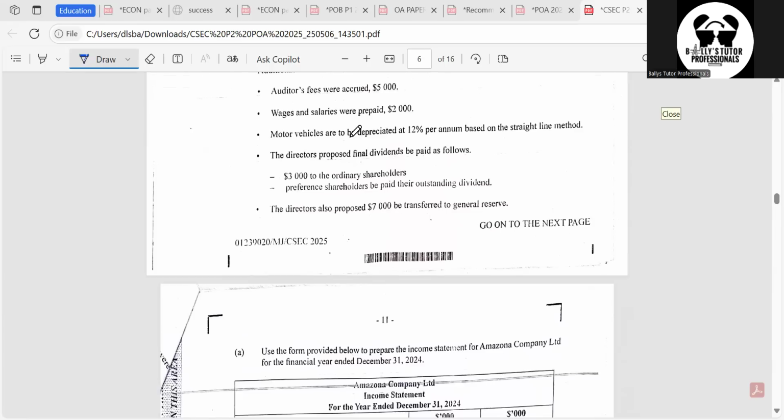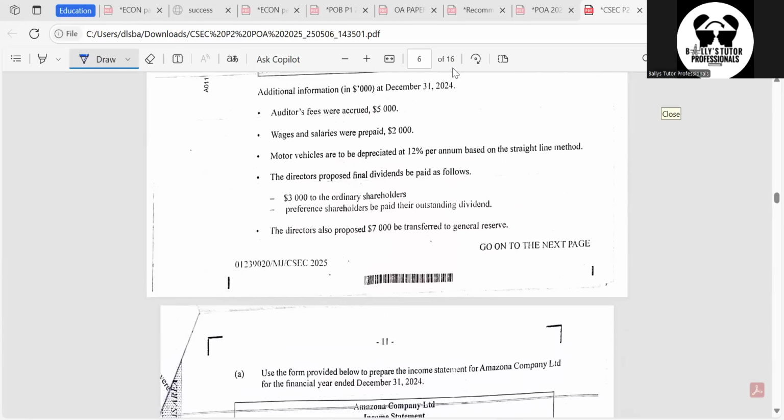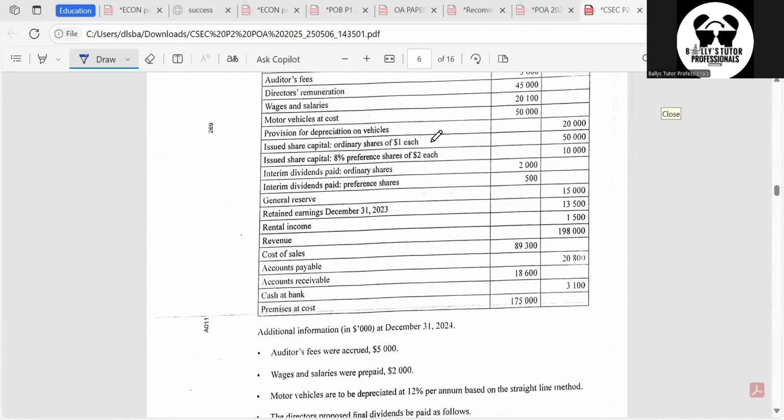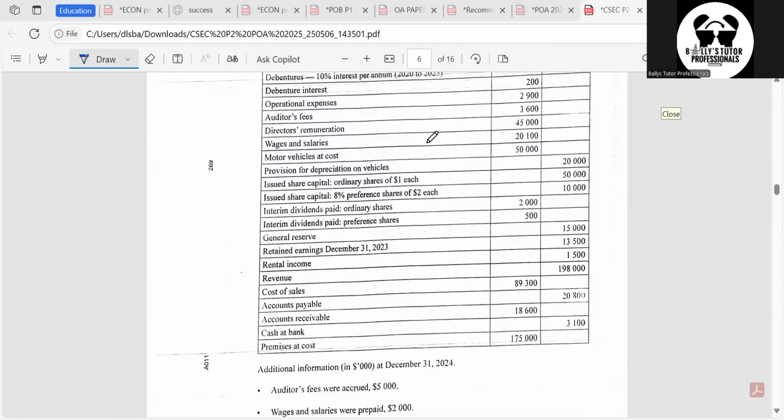Now, if we do an income statement, normally it has sales less returns inwards equals net sales, etc. And then you have to calculate cost of goods sold. But if they give you a cost of goods sold already, then there is no need to calculate it again, right? And this question didn't have any sales less returns inwards.